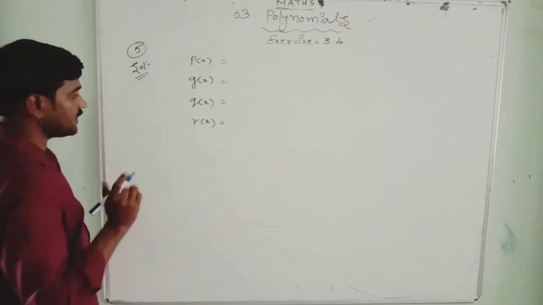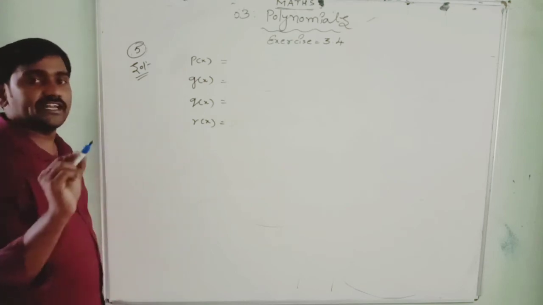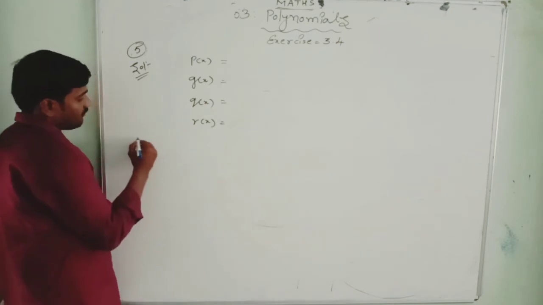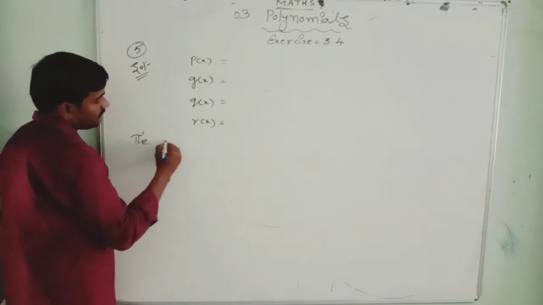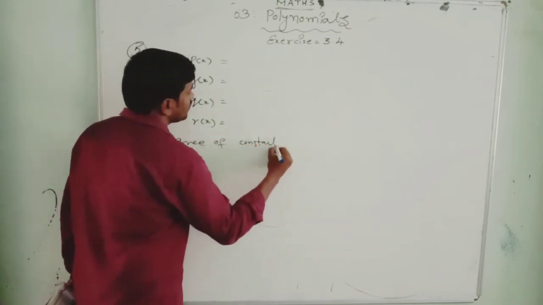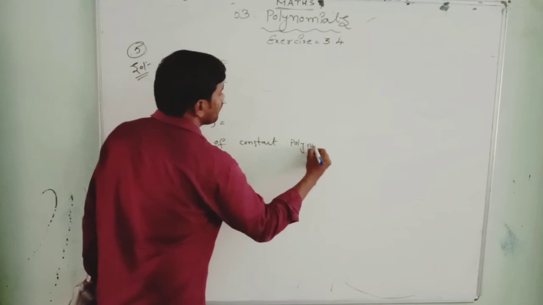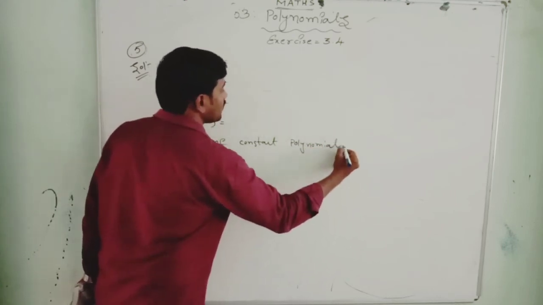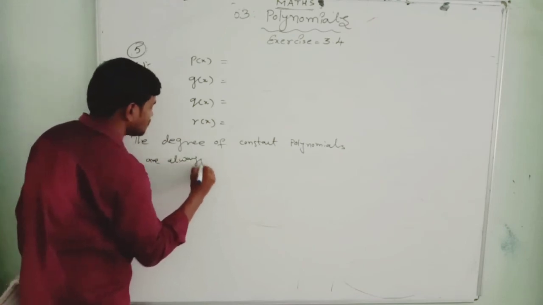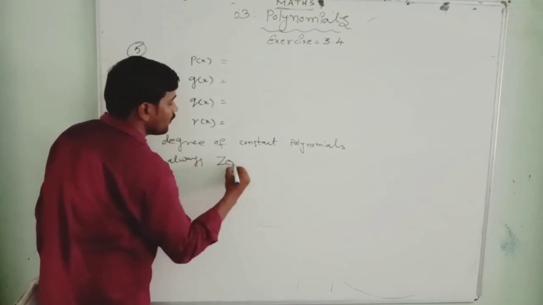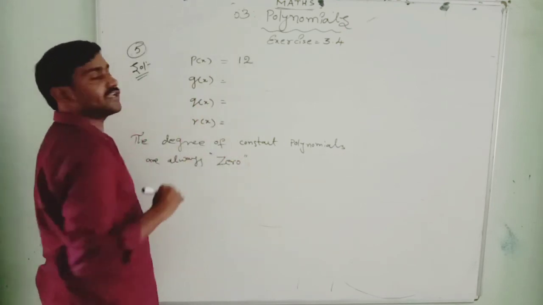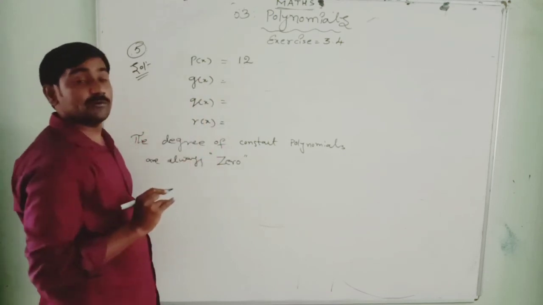As you know, clearly I will write: the degree of a constant polynomial is always 0. So we'll take, suppose, 12 here. 12 is a constant polynomial.